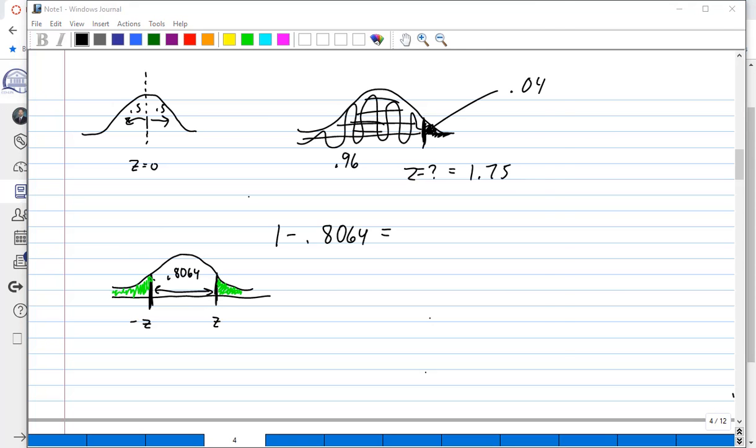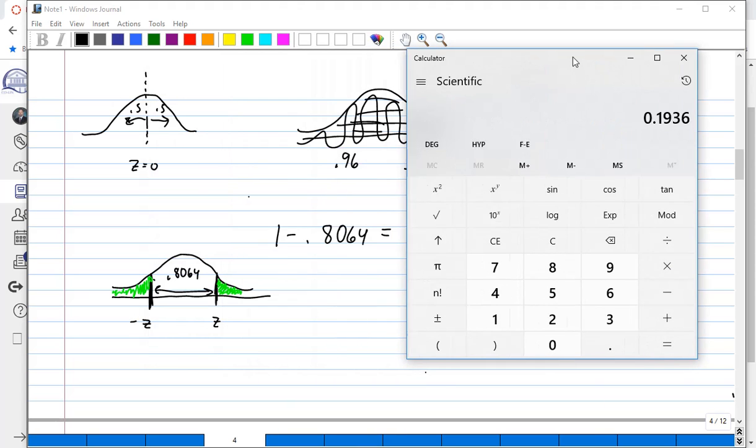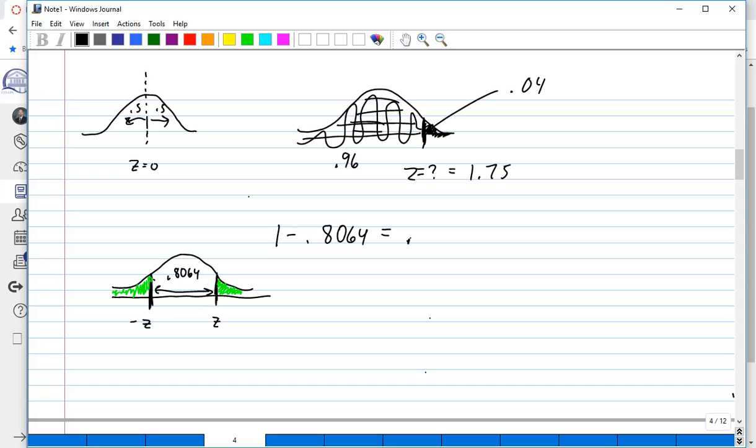Alright, so let me do that in a calculator. 0.1936. Alright, I'm going to come back to my calculator in a second. So 0.1936. So that's for both of these.